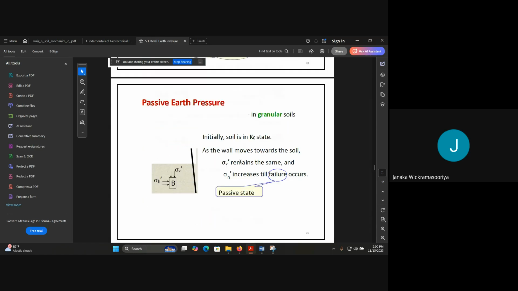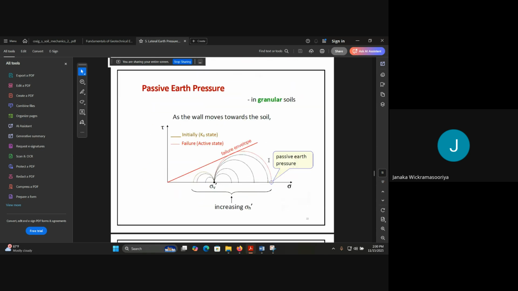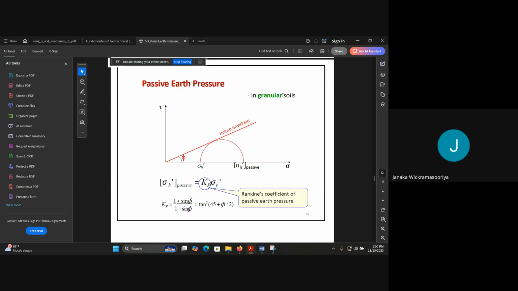Then we will move to the passive earth pressure. First we will see it for the granular soils, that is c equals 0, and that equation becomes like this. For the granular soils, if the cohesion is 0, this is the same, and Kp equals 1 plus sine phi divided by 1 minus sine phi. It is the reciprocal of Ka.